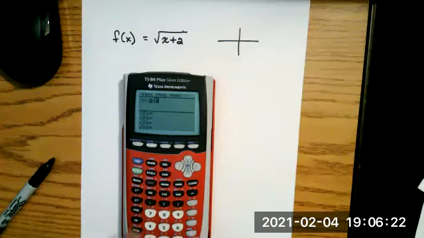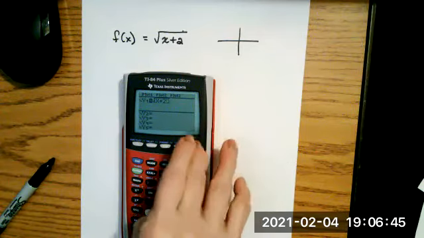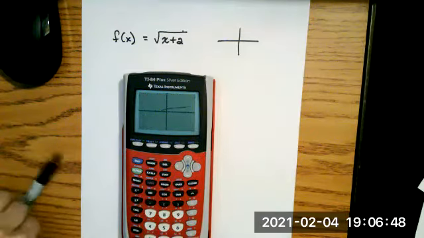So let's put in square root of x plus 2. My calculator is smart and it knows to put all of it underneath the radical. If you have an 83 or some 84s that are not plus, you'll have to put parentheses around it to let the calculator know that you want the x and the 2 to be inside there. Okay, so let's graph it and see what that thing looks like.